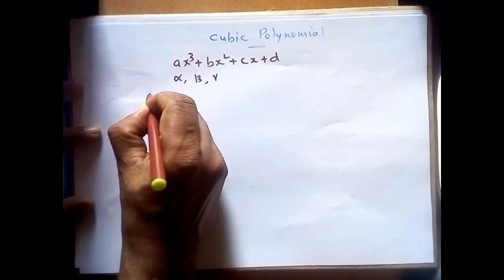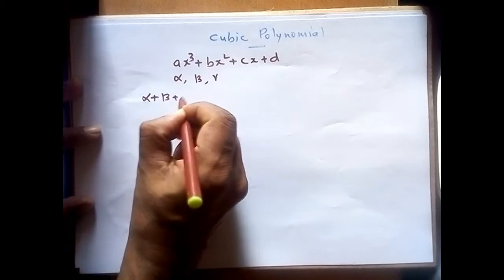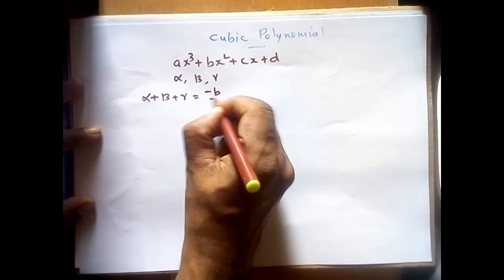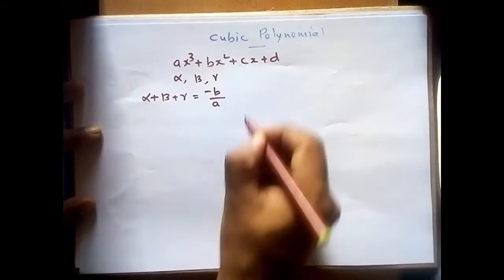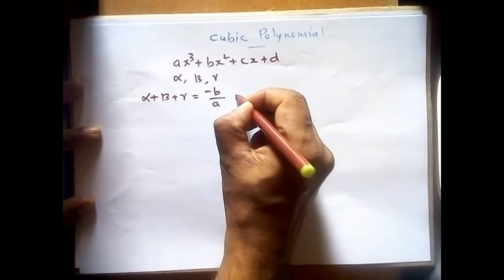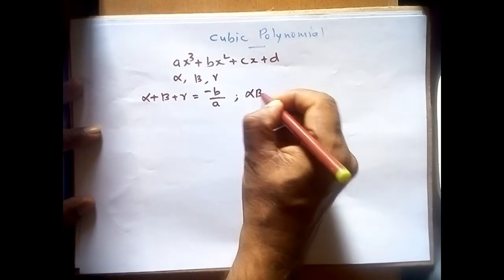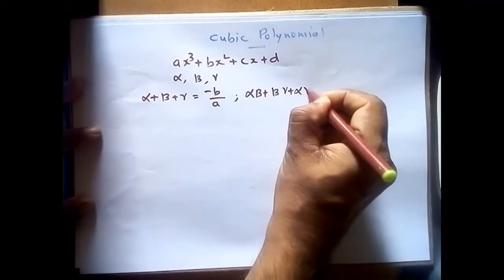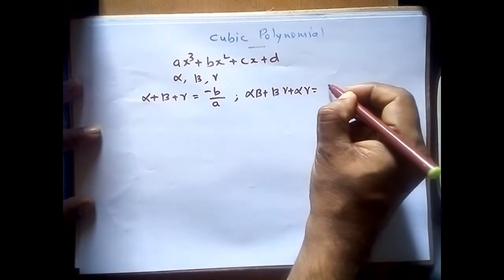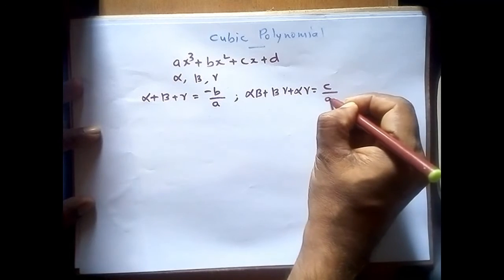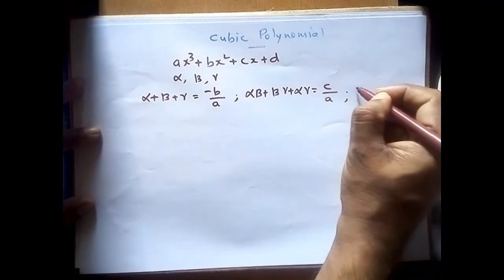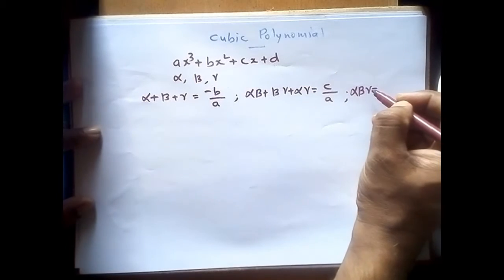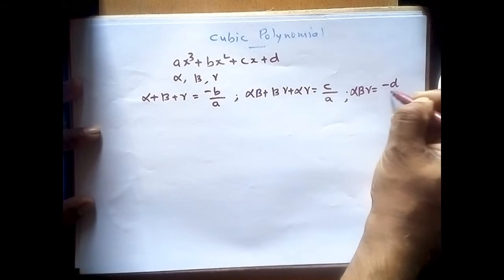The relation is alpha plus beta plus gamma, the sum of the roots, is equal to minus b by a; alpha beta plus beta gamma plus alpha gamma is equal to c by a; and alpha beta gamma is equal to minus d by a.